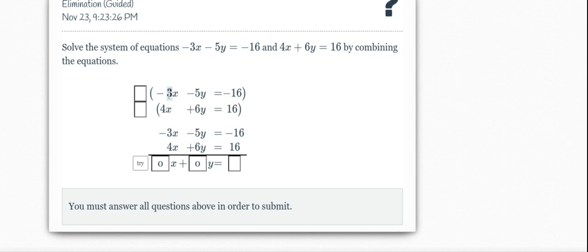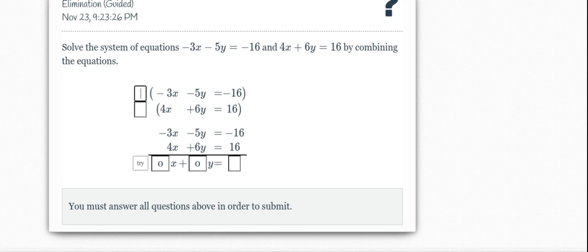Looking at the numbers here, -3 and +4, or I can look at my y's, -5 and +6. So you're going to think, what can you multiply either one or both by so that either your x's will be opposites or your y's will be opposites?